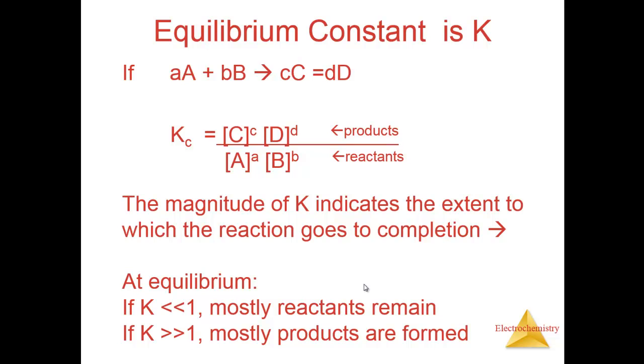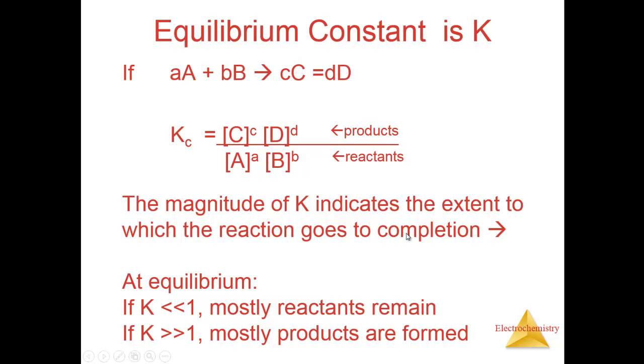And the calculation for the equilibrium constant can be taken right from the balanced stoichiometric equation. K, this is big K, and we're using concentration here, so Kc is what we're calling it. It's the concentration of the products raised to their coefficients over the concentration of the reactants raised to their coefficients. And the magnitude of K indicates the extent to which a reaction goes to completion.